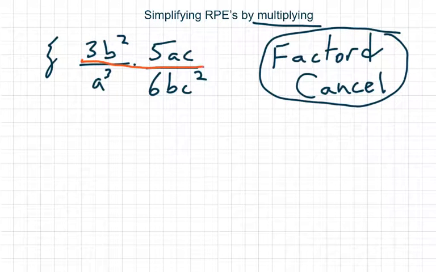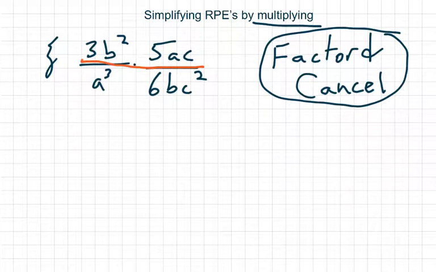We could multiply and have 15ab squared c over 6a cubed bc squared if we really want it. Now, we're not going to, for the intention of the assignment. But factor is step 1, cancel is step 2. That's what it comes down to, okay?